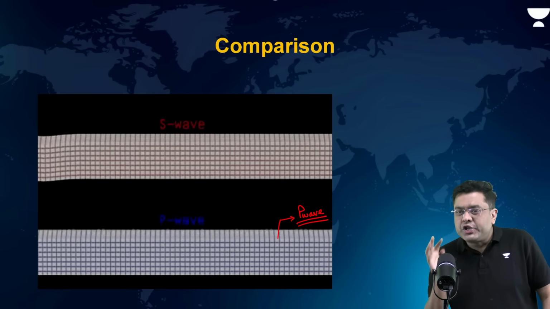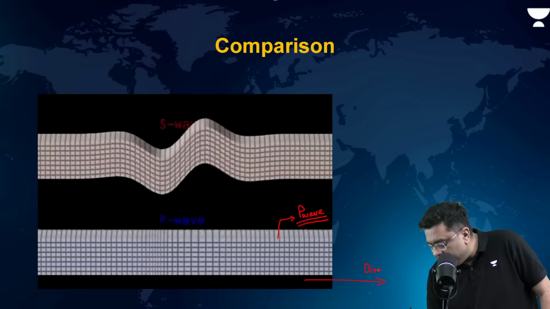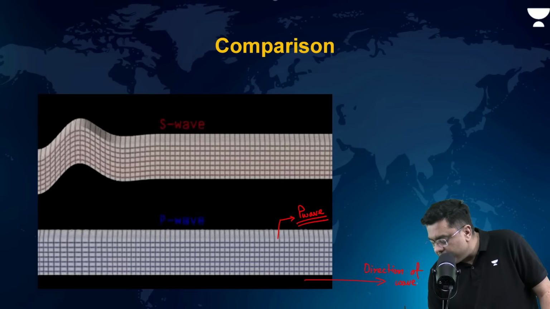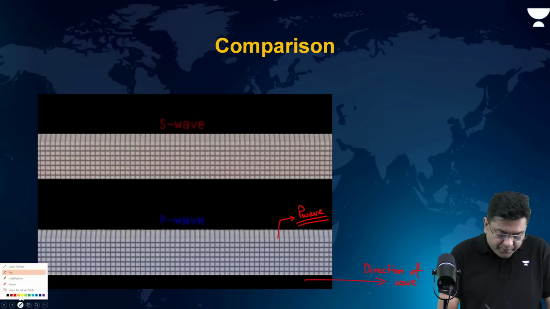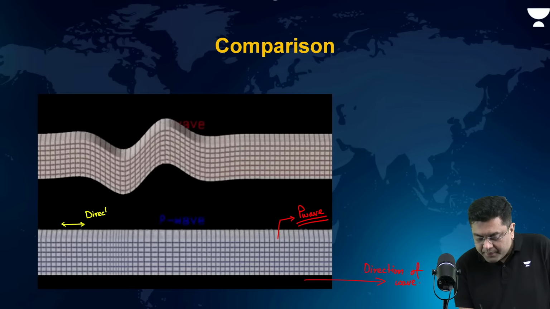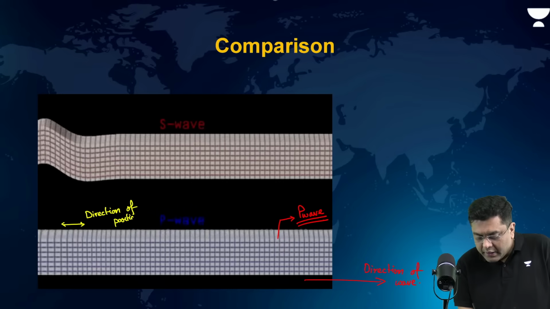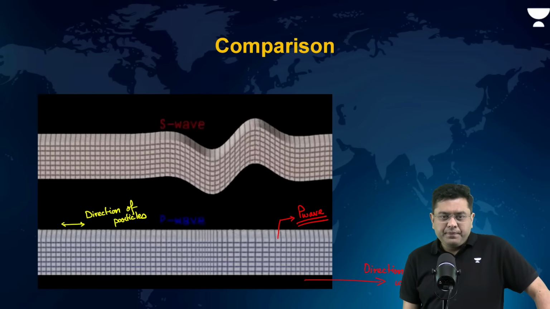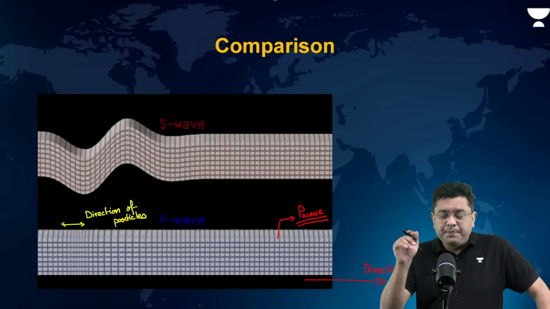Now, what is the direction of the wave? This is your direction of the wave in both the cases of seismic wave. What is the direction of the particles? Direction of particles is this. So the direction of particles is the same as the direction of the wave. That is why they end up moving very fast, right?